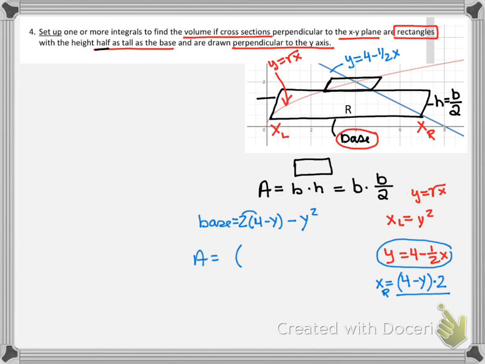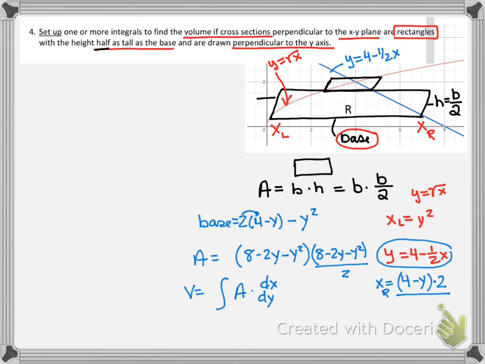I'm going to distribute this 2 in, so we'll have 8 minus 2y minus y squared. That's our base, times our base over 2, so it's going to be the same thing, divided by 2. And since volume is always the integral of area times dx or dy, we've got our integral.